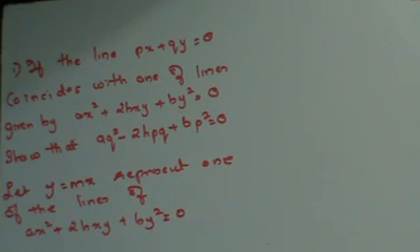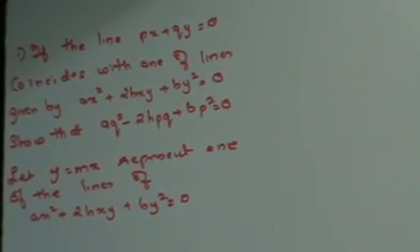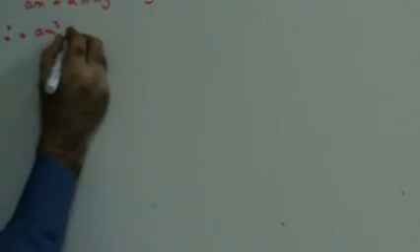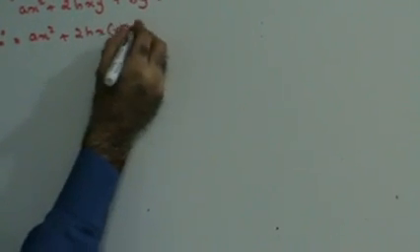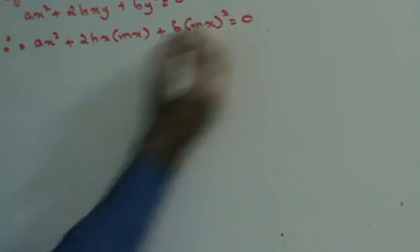Since y is equal to mx represents one of the lines of this pair of lines, the equation y is equal to mx should satisfy the equation of the pair of lines. Therefore ax square plus 2hx times mx plus b times mx the whole square is 0.